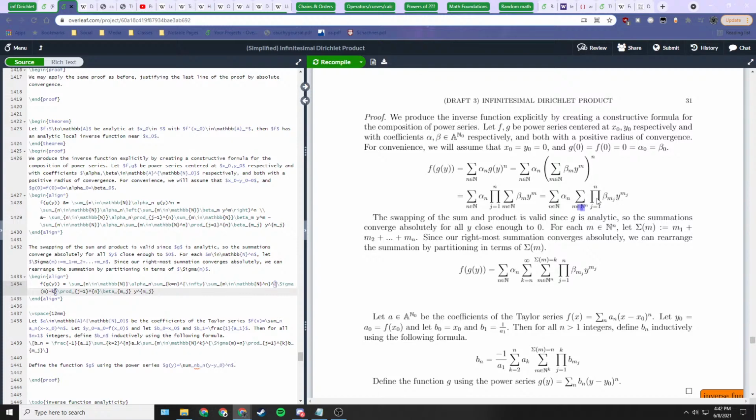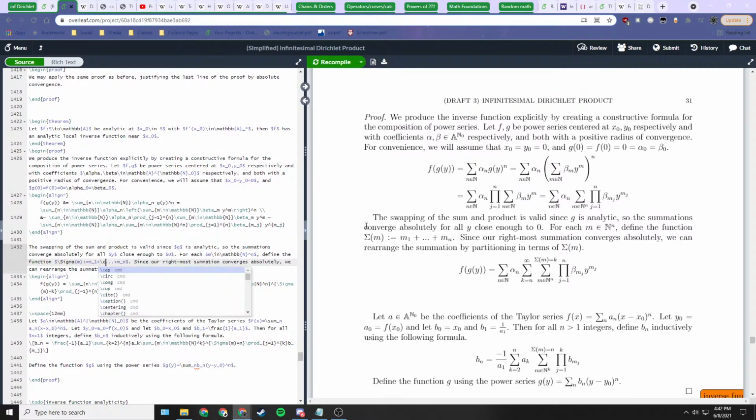Since this converges absolutely, we can rearrange it, so we're going to rearrange it in terms of this capital sigma function. Capital sigma of m is just defined as the sum m1 plus m2 and so on up to m sub n.